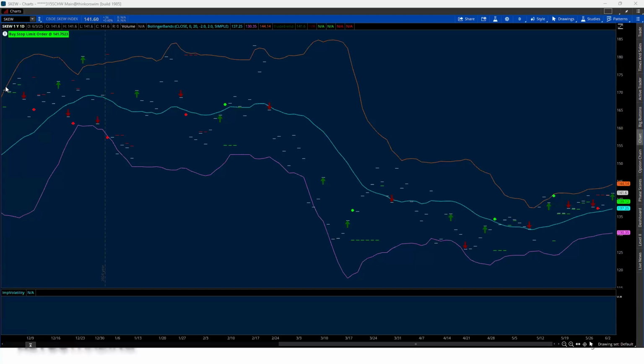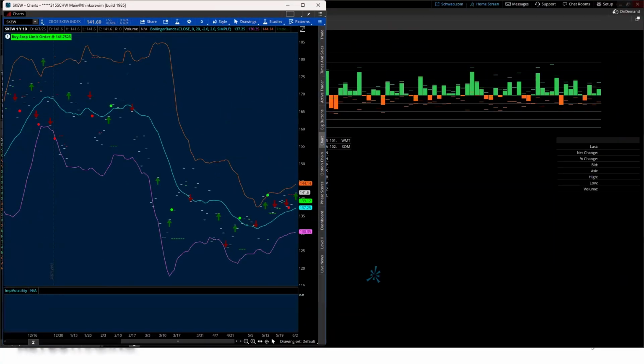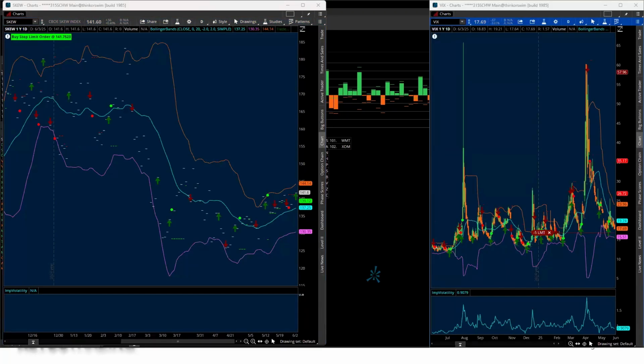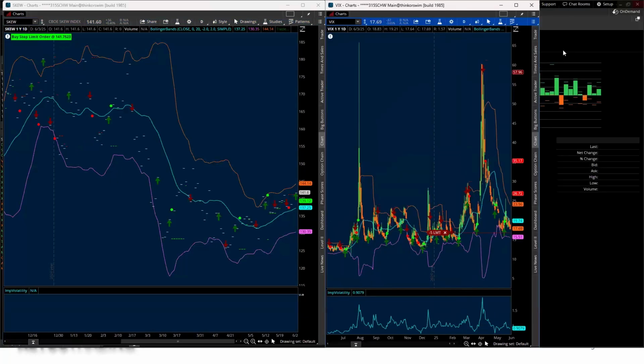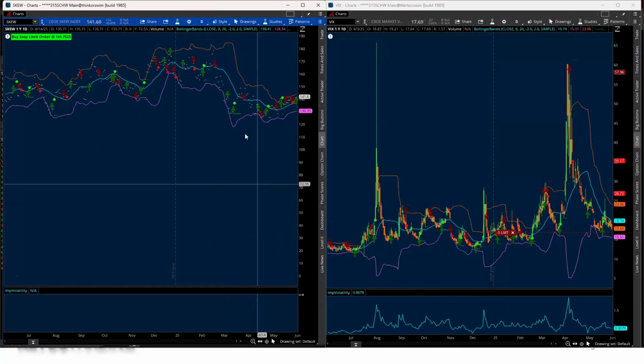All right. So now I am going to place a chart of the VIX side by side with a chart of the skew index, and we'll take a look at the correlation.